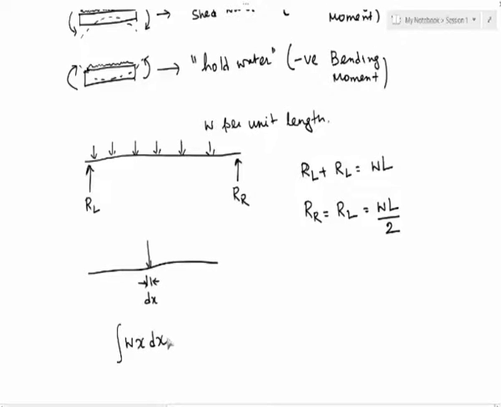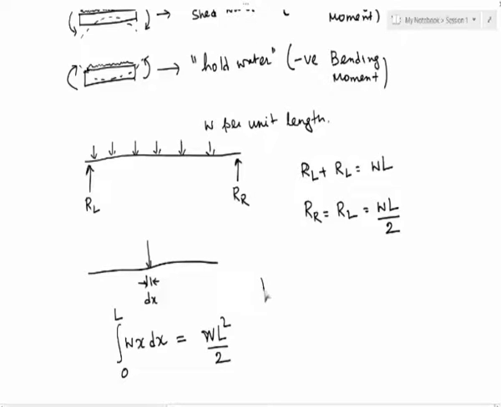So there are many such small elements starting from the one at the left end to the one at the right end. So therefore you should take a definite integral from 0 to L. So that sum total of all the moments is going to be W L square by 2 by definition.